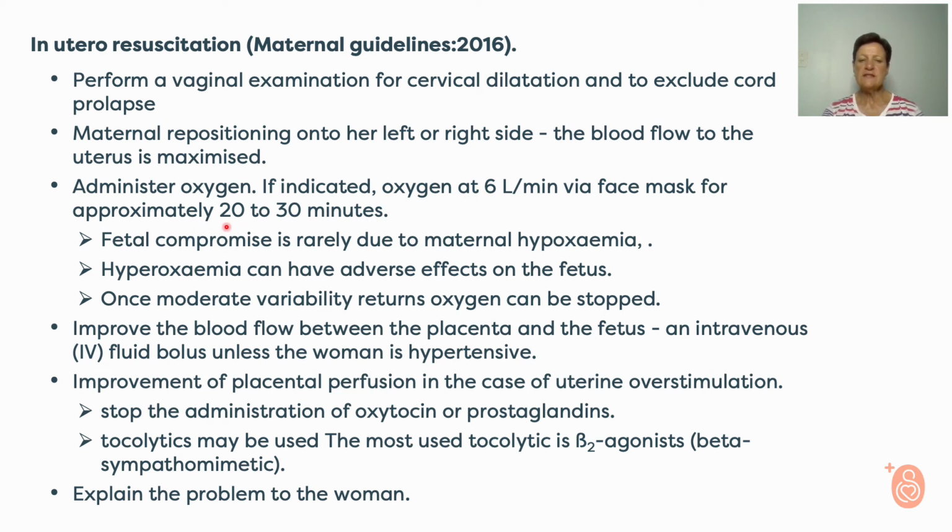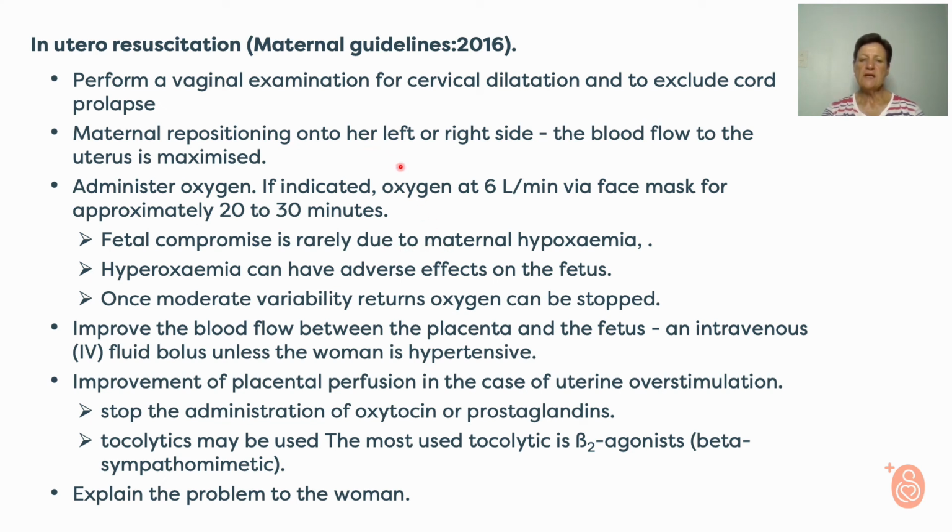Hyperoxemia to the fetus can also have adverse effects on the fetal retina, for example, like in the case of premature babies. And also, once the variability returns to normal, one can stop the supply of oxygen.